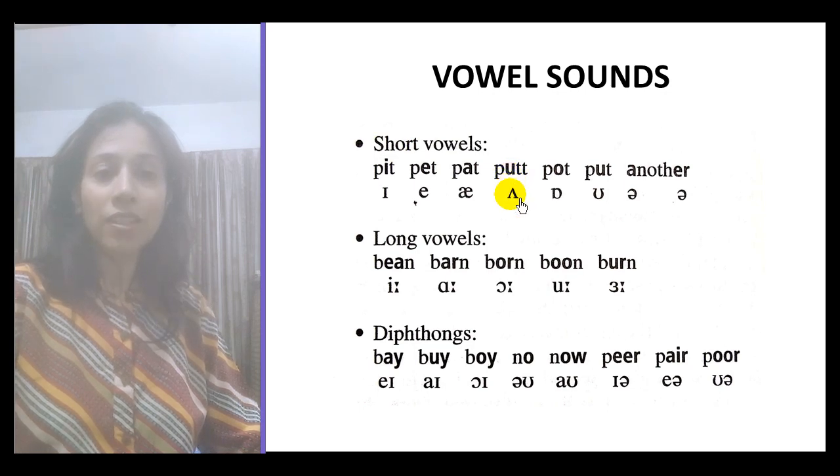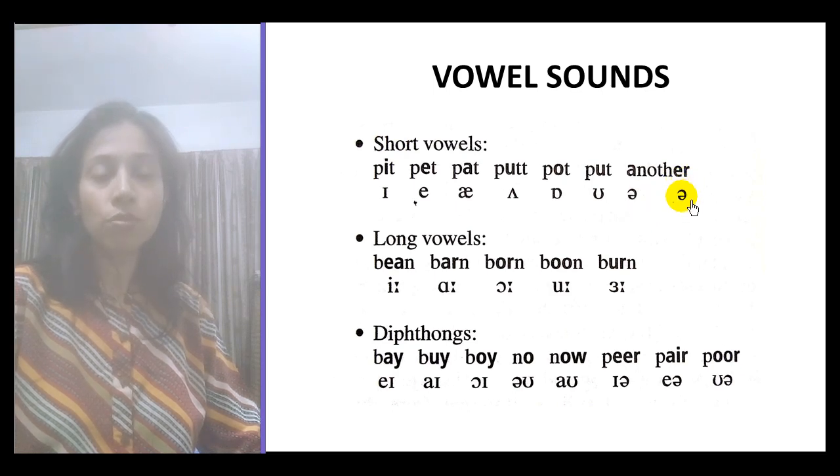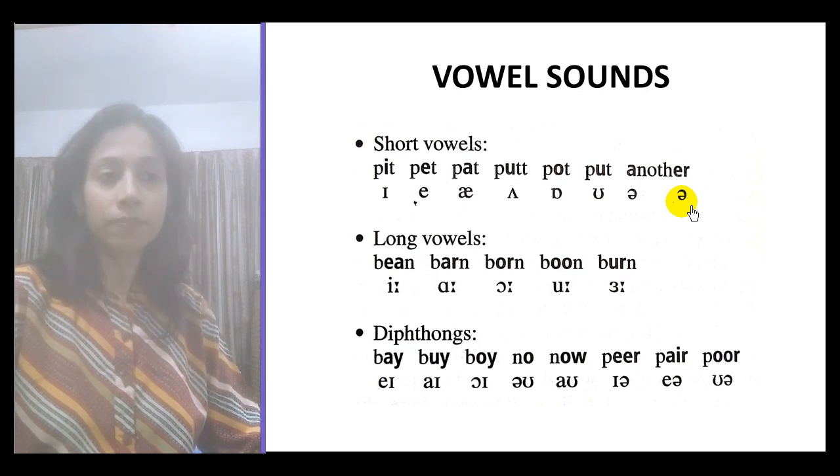That roof of the hut, as you can see there, is the sound as in put, A sound. Pot, O sound. Put, U sound. Another, A sound. This A sound is also called the schwa sound. And towards the end also, you have the schwa. So you do not pronounce the R sound at the end. You say another. Right? So these are your 7 short vowel sounds which we spoke about in an earlier slide.